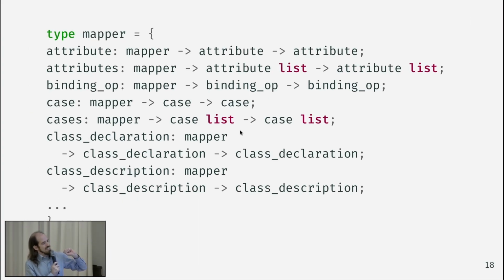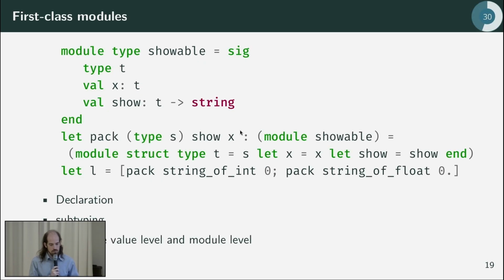But we also have records that look like that, and those records are objects with an explicit this argument. So we have objects in many situations because they're very useful when you want to do open recursion and shortcuts between mappers or functions that traverse the trees, and you just want to update a little part at a time.